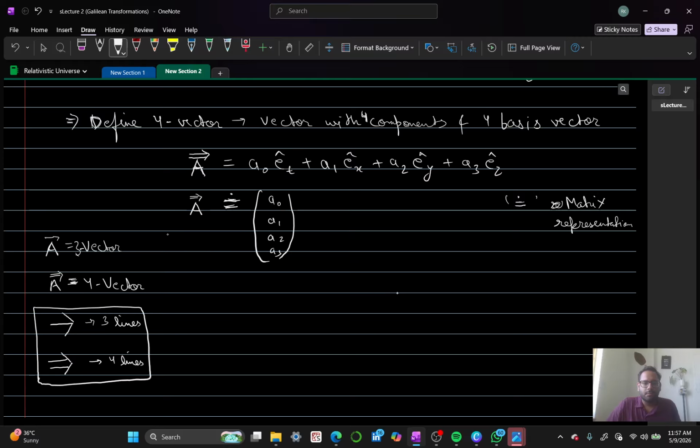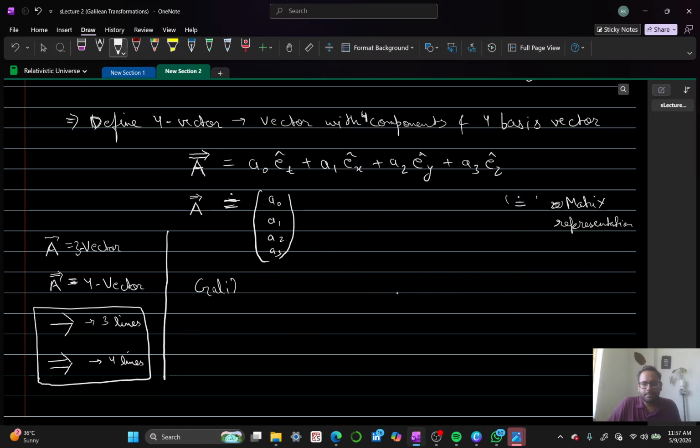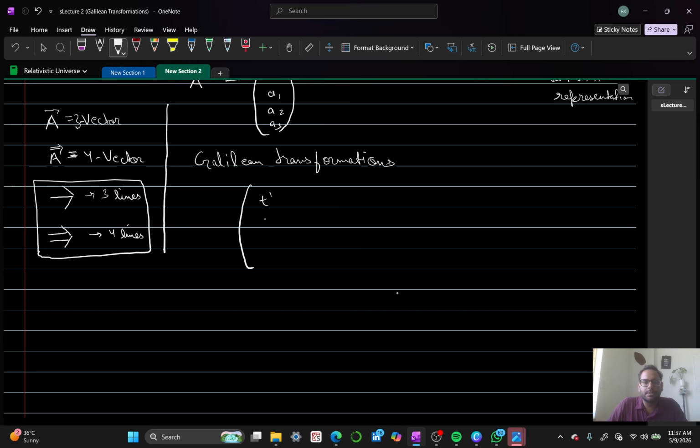So for the time being, let's write the Galilean transformations. Just write along with me, otherwise you will fall behind. The Galilean transformations can be written in matrix form like this. T prime. First, as a standard convention, we take the time coordinate first and then the spatial coordinates.